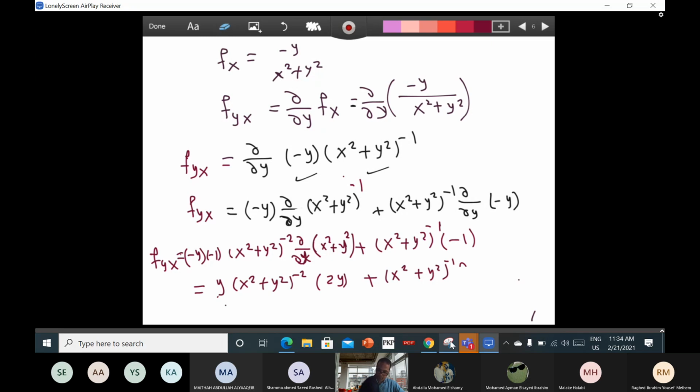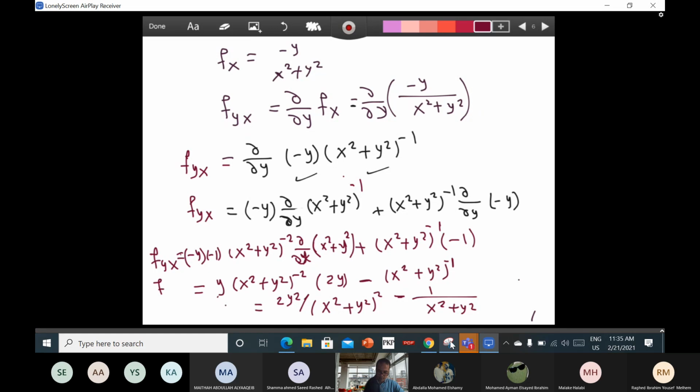And I have minus here, so I'll just make it minus 1. Okay, it will be minus 1. And here it will be minus. It is better to write this one down here. So it will be 2y squared over x squared plus y squared to the power 2, minus 1 over x squared plus y squared. Is it okay?